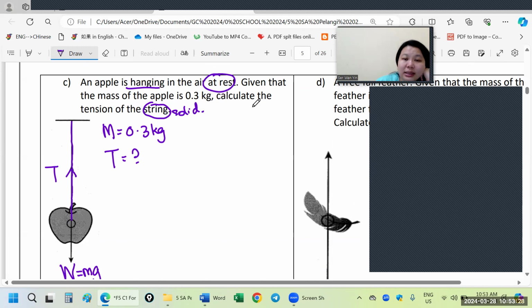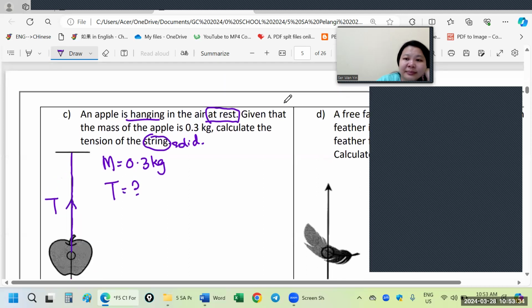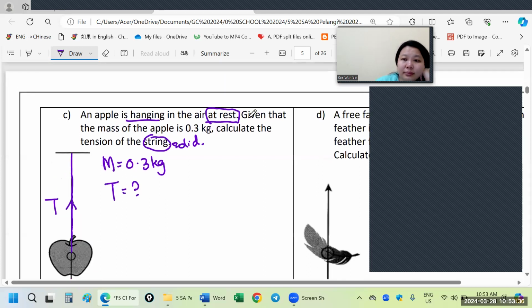At rest. Can anyone tell me the meaning of at rest? Acceleration equals to... Thank you, Wasim. Thank you, Manfred. Acceleration equals 0 means what? Initial velocity 0, final velocity 0.